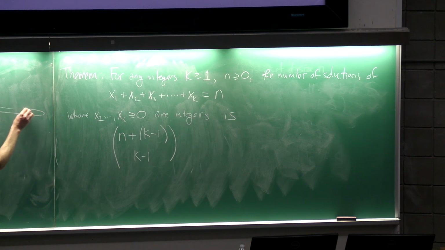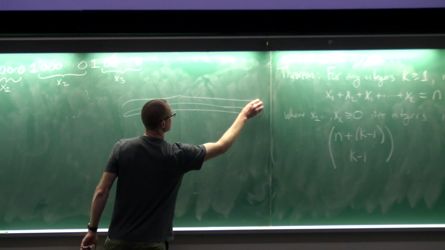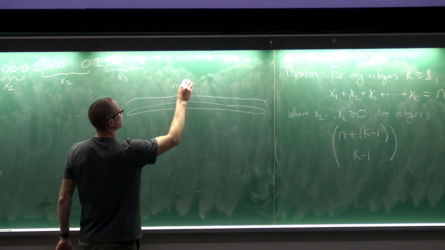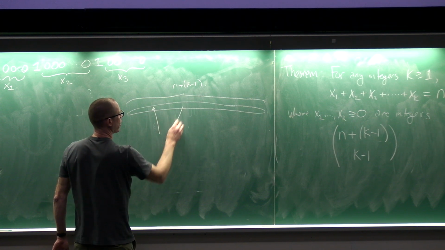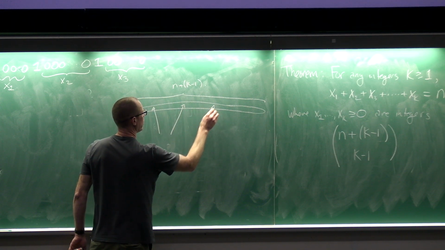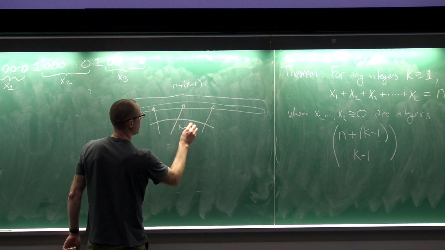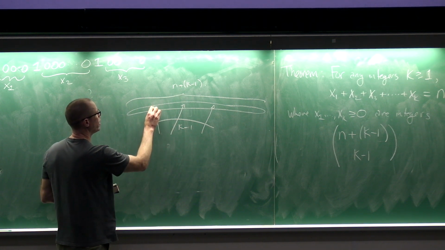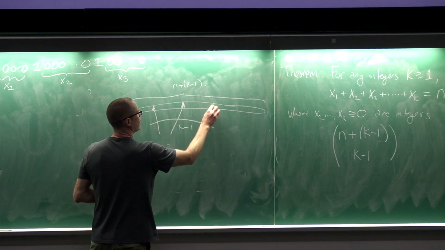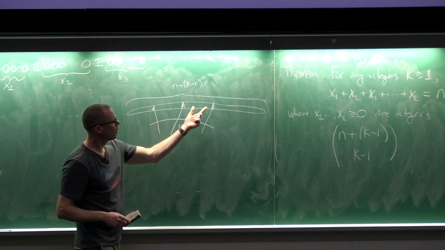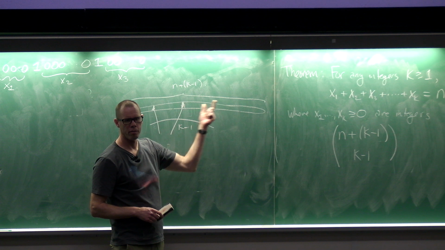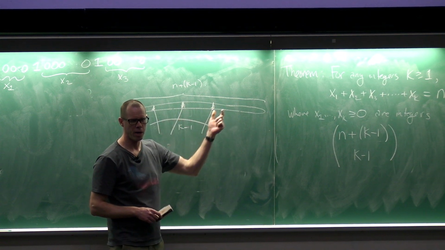We look at this, let's say, bit string of length n plus k minus 1. We pick k minus 1 locations to put 1s. And that gives us k values for the variables x1, x2, up to xk.